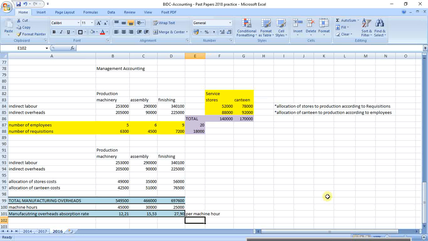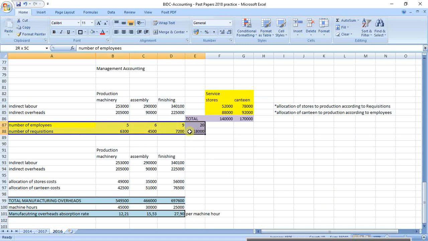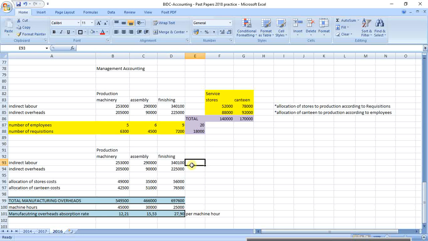So first your allocation of costs and then find a rate. The problem with management accounting is that it can differ slightly depending on the question. But you just need to think about costs and how they will be absorbed. Here we used number of employees and requisitions. We could have used something different. It depends on what they say.